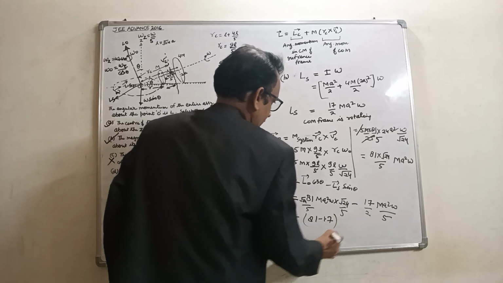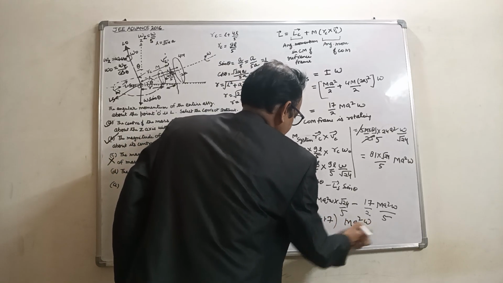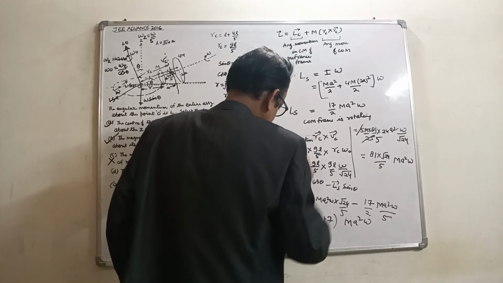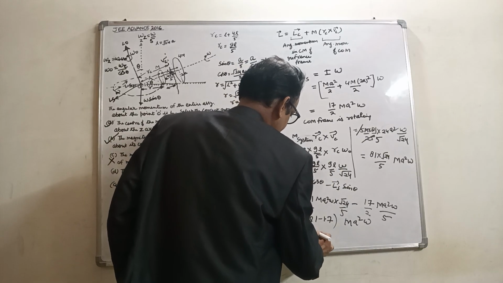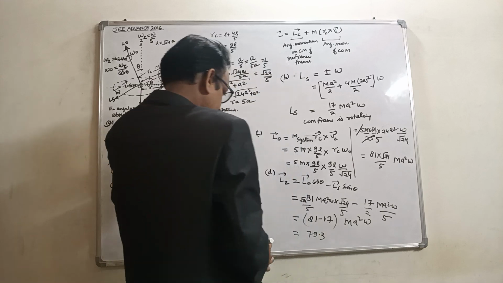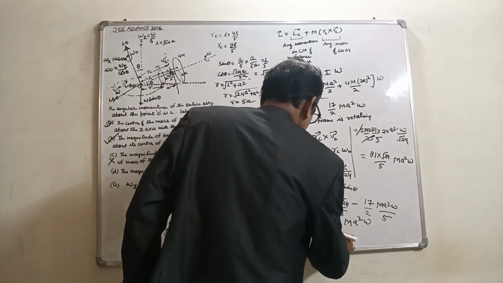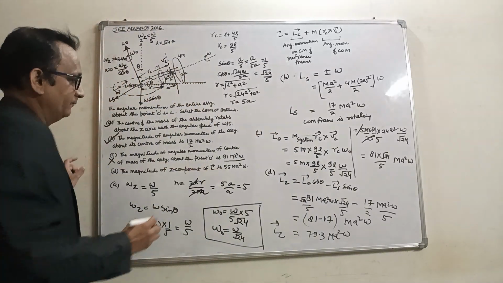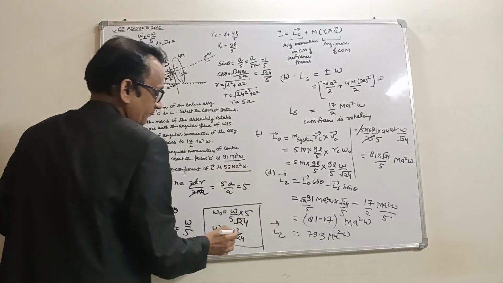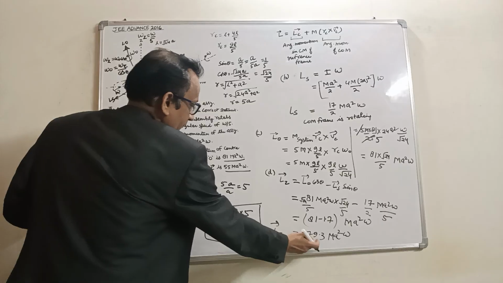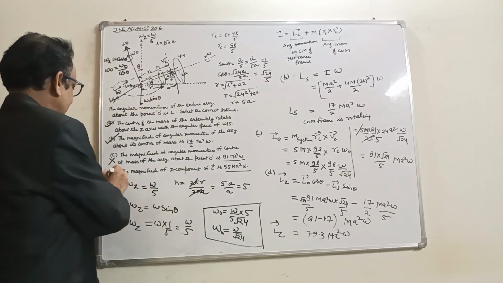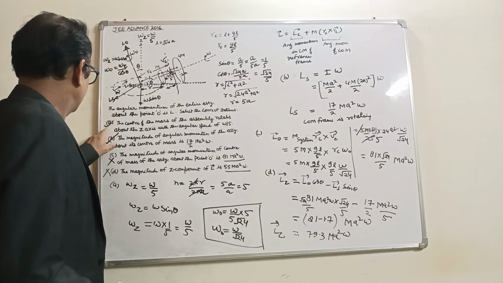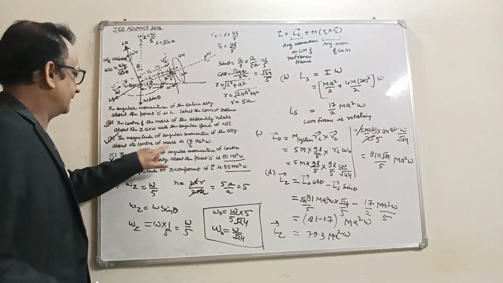By subtraction, this becomes 79.3 ma square omega. This will be Lz. So the Z component is not 55 ma square omega; we calculate the value of Lz as 79.3 ma square omega. So this option is also incorrect. So these are two, this is correct and this may be correct here.